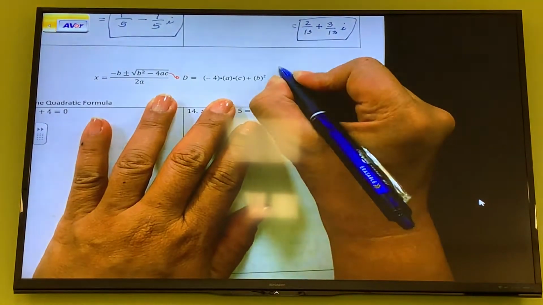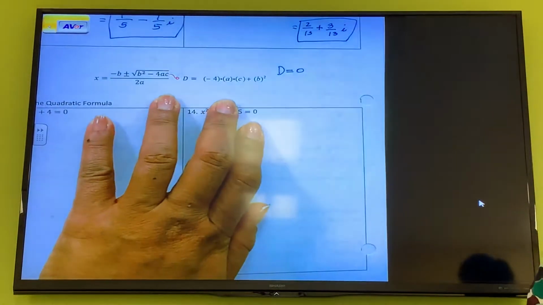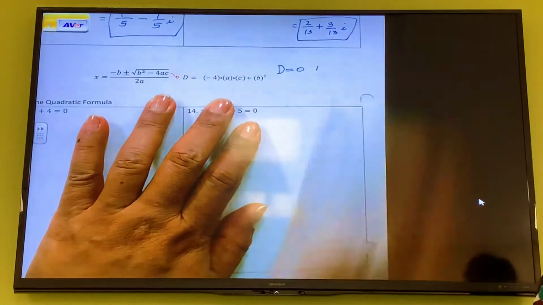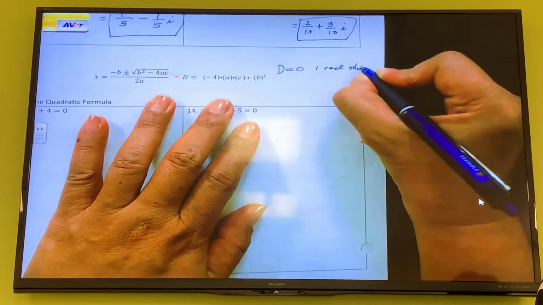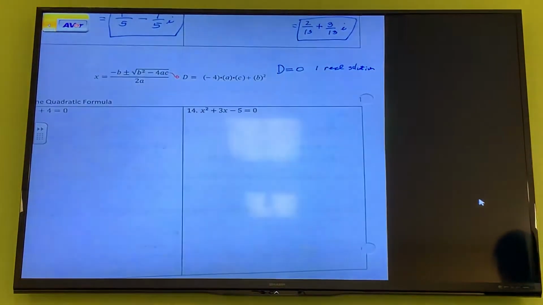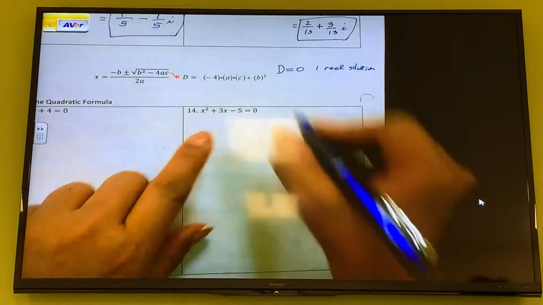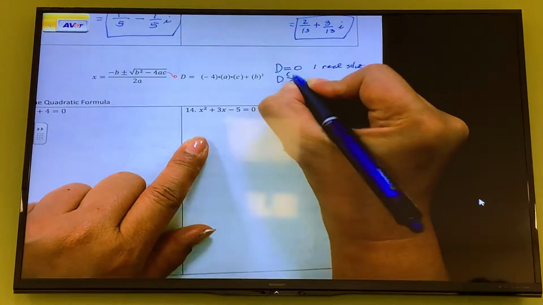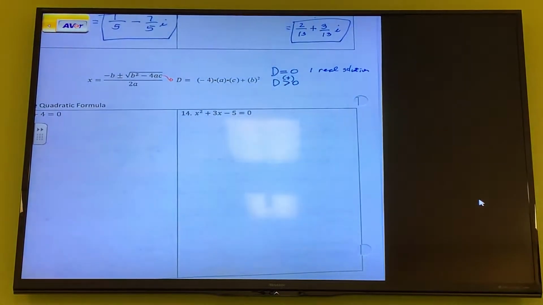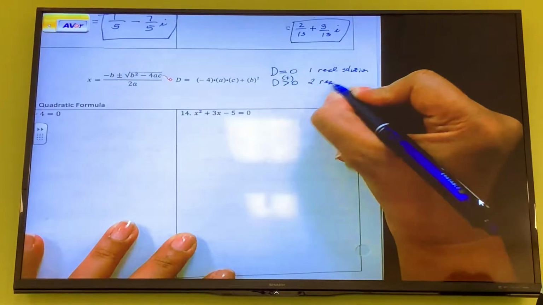If your discriminant is 0, then your answer will be just one real solution. Real means you're not going to have an i in the answer. It's not imaginary. If your discriminant is positive, greater than 0, you will have two real solutions.